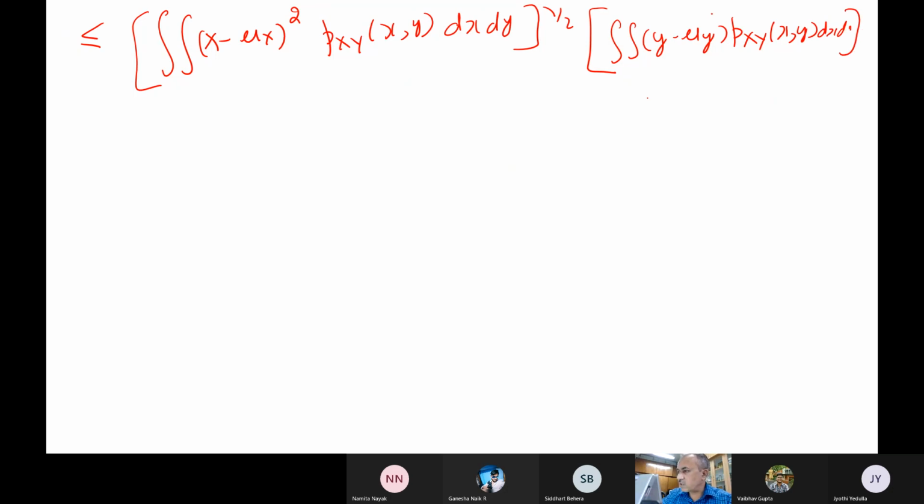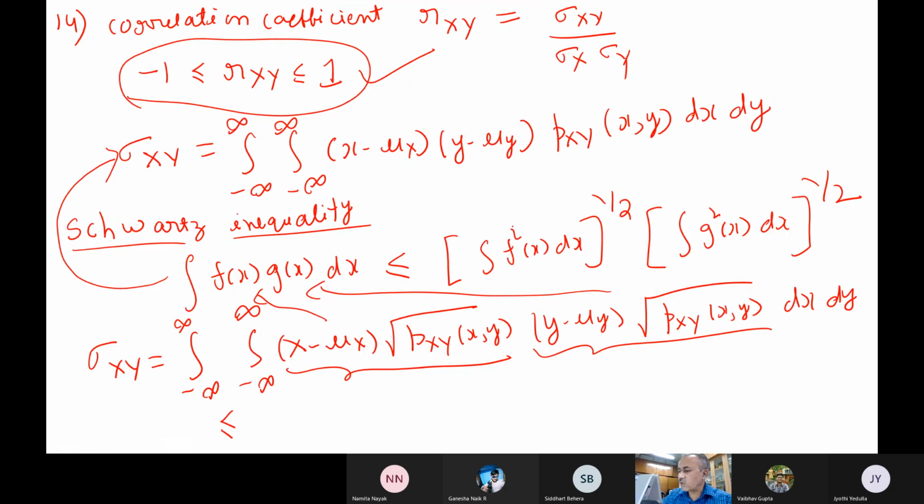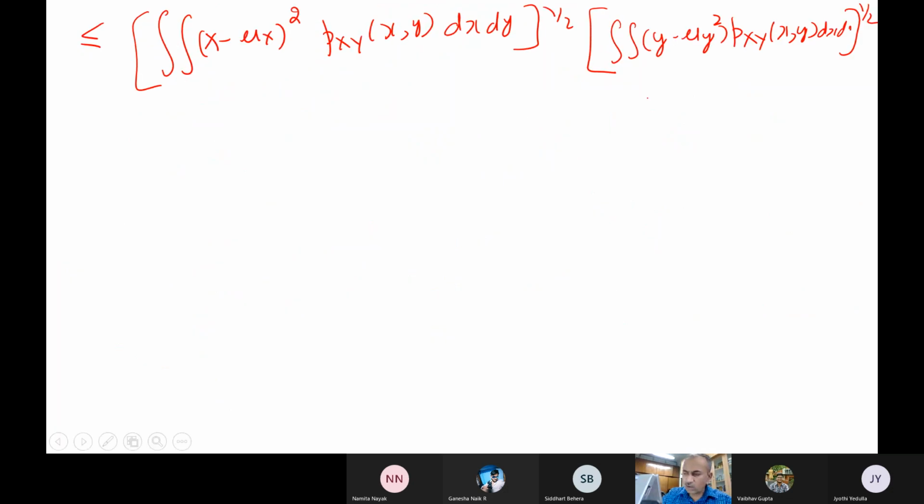You can see that in the Schwarz inequality f square and g square are there, so that square root gets cancelled and (x minus mu_x) will be there. So this is how the expression looks.